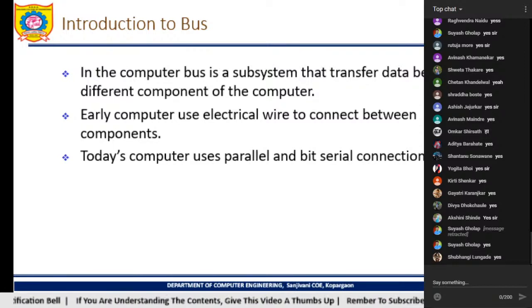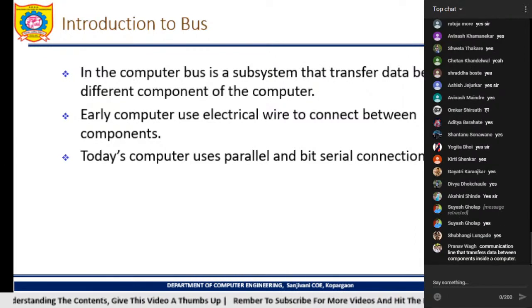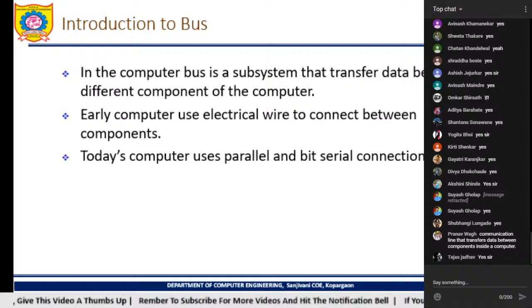In a computer, a bus is a subsystem that transfers data between different components of a computer, right? Like from one bus stand to another bus stand, one station to another station. Earlier computers used electrical wire to connect two components, right? To communicate data between two components it was only with wire, like your mouse and keyboards were wired.